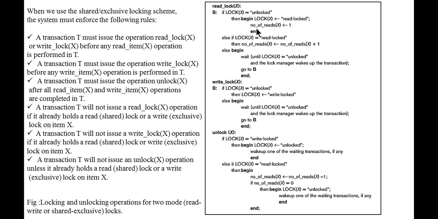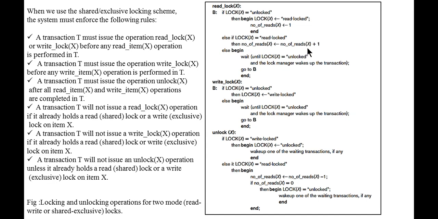That's why it keeps track of how many transactions are reading the item X, so a variable is used here, number of reads. The number of reads of that particular item X is set to 1 here, and when other transactions try to read the value of X, the value will be incremented.